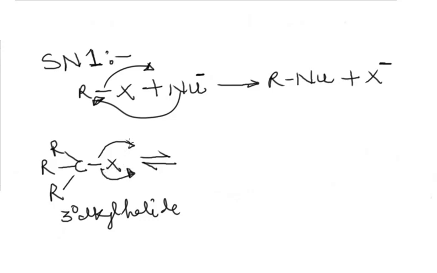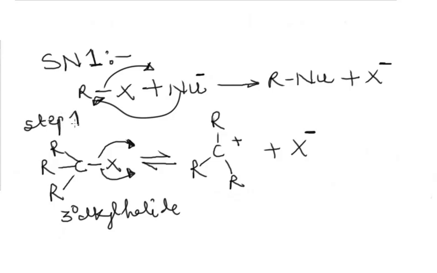This is the first step. The first step is the removal of the halogen. Now we get C. Here we have R, these are the alkyl groups, plus we have X. This one is the leaving group which is eliminated from this direction. This is step 1.